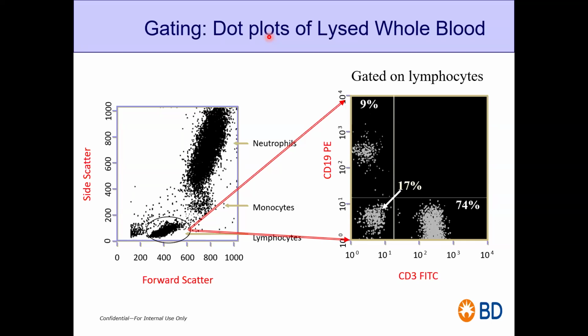Or you can take any cells smaller than lymphocytes, for example RBCs or bacterial cells. They are even smaller than lymphocytes, so they have a very small peak.